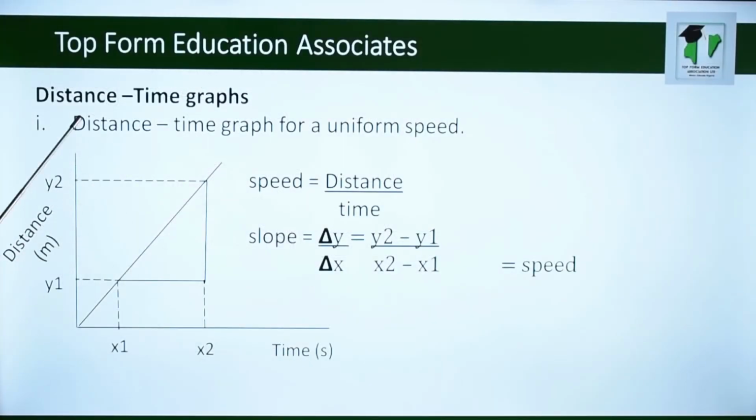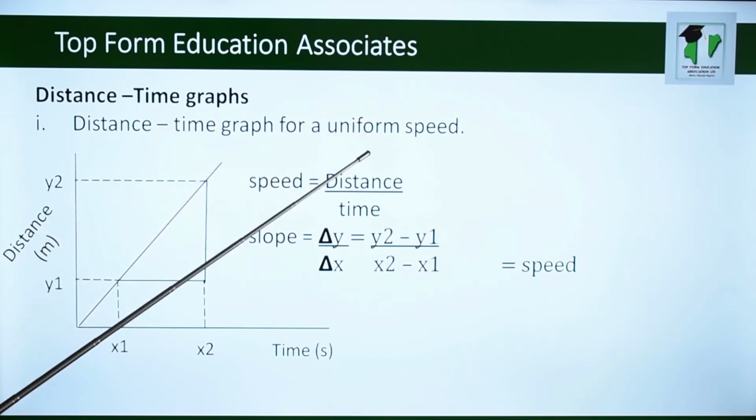Now I want to look at distance-time graphs, meaning a graph of distance plotted on the y-axis against time on the x-axis. So we call it a distance-time graph. We'll have different ones. We'll have the distance-time graph for a uniform speed.